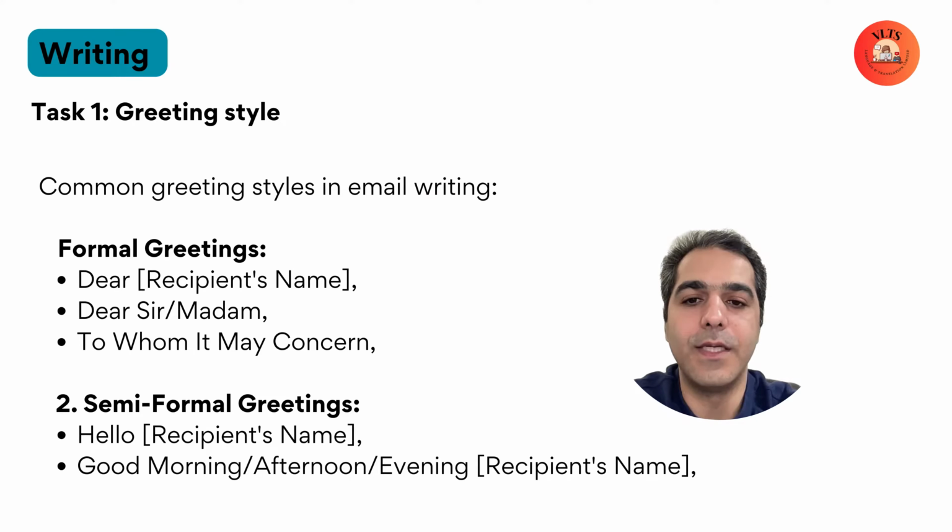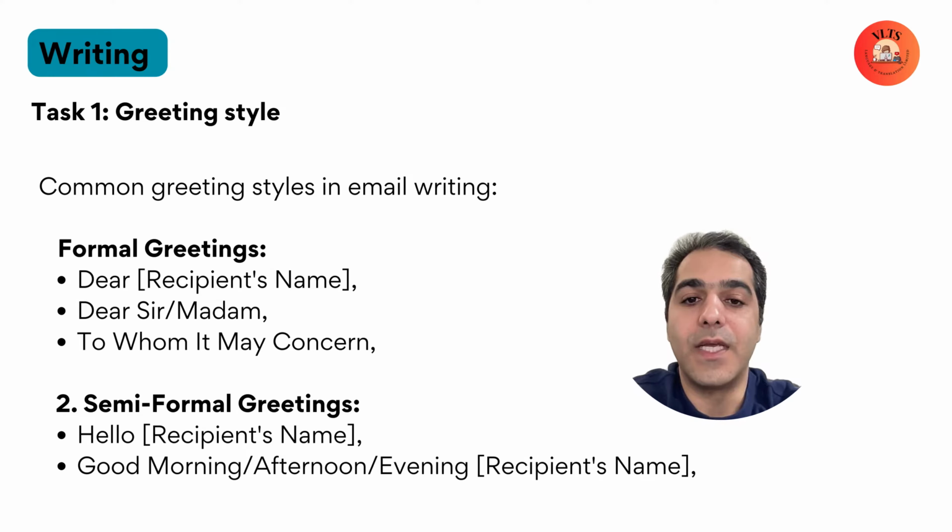But sometimes it involves writing to someone that you are not familiar with or you have never been in contact with, like a supervisor or someone in your neighborhood, or someone you're just writing to and you don't know who the recipient is. Here is a list of greeting styles that you can utilize in your writing task 1 while writing an email.